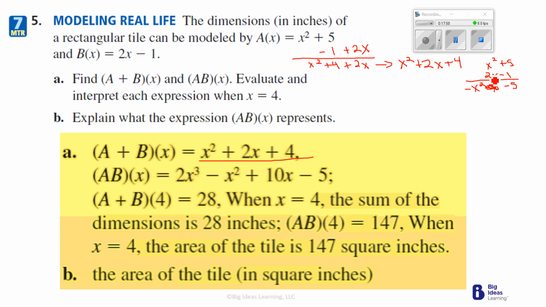Over here, 2x times 5 will be 10x. Then we've got 2x times x squared, which gives us 2x cubed. It would not go in the same column as the one here, so this would be plus 0 here as well.